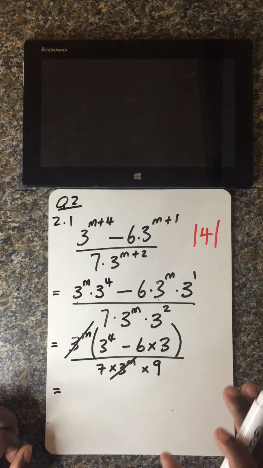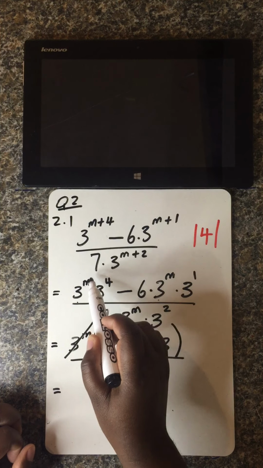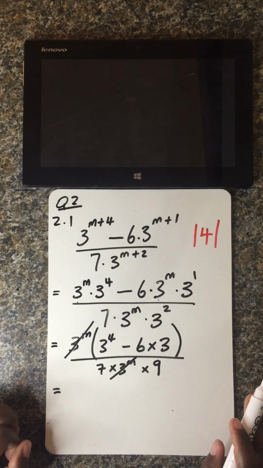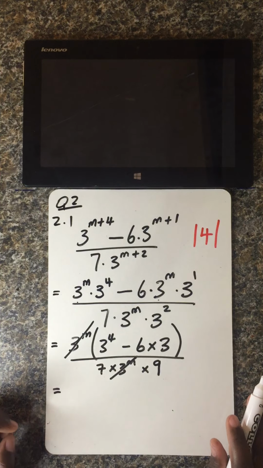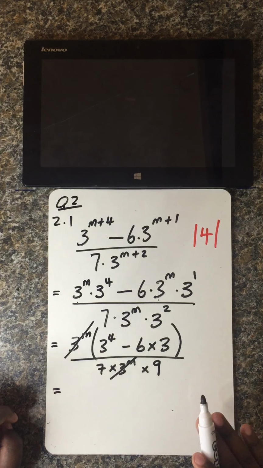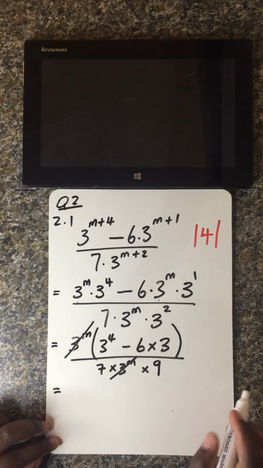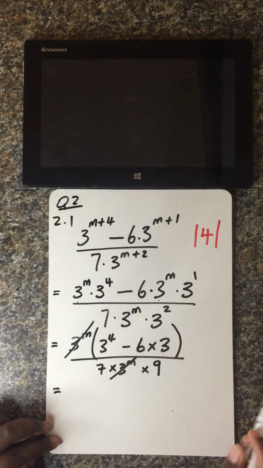The main aim was to remove the 3 to the exponent m so that we remain with only the numbers. The moment we remain with the numbers, we know we are now in primary. So let's write what is remaining: that, this, and also these two.